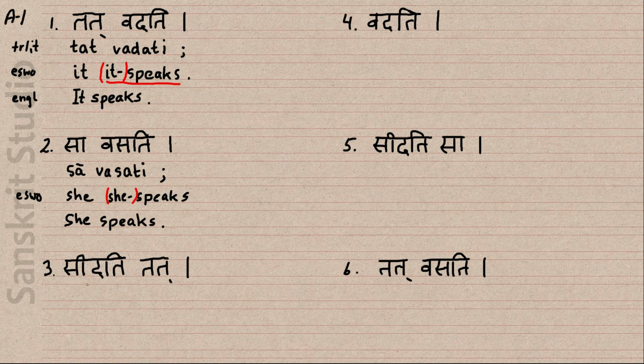So let's take number 3 then. Vadati tat. We write this out. We have a long a sound. Vadati, tat. And here we have an interesting example with reversed word order, because the normal word order has tat before the verb, but here it comes last.